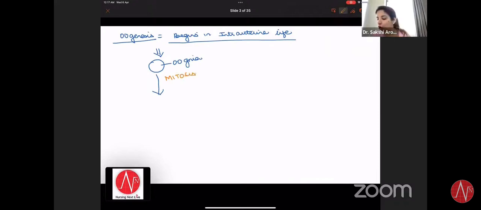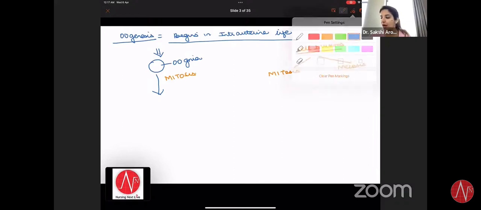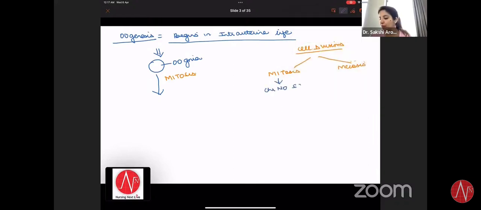I hope all of you know that there are two types of cell divisions: mitosis and meiosis. After mitosis, chromosome number remains the same. In meiosis, we have meiosis 1 and meiosis 2.